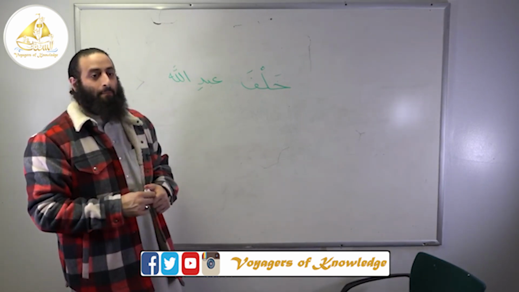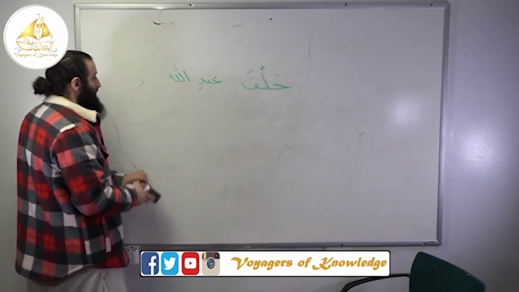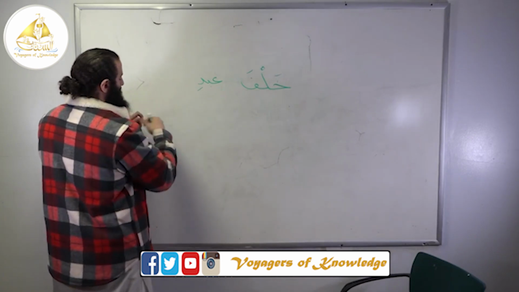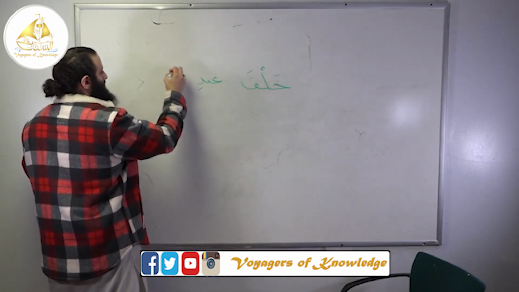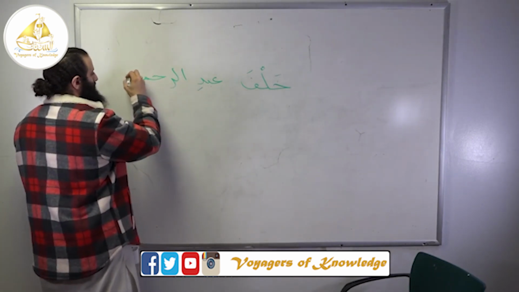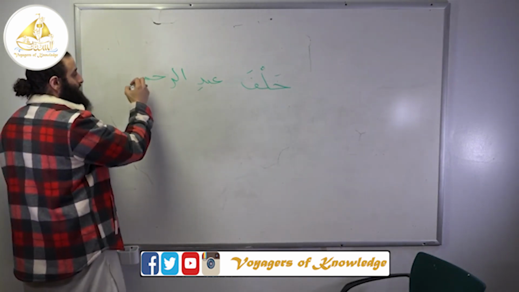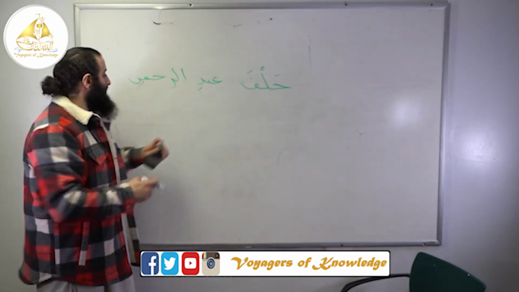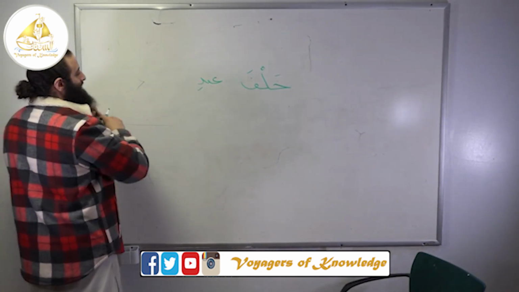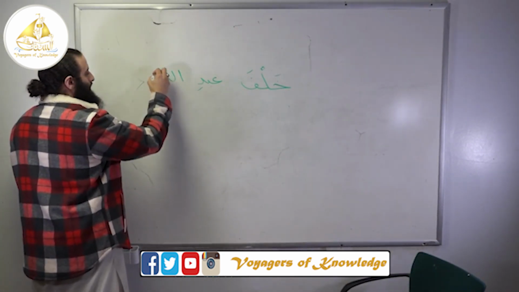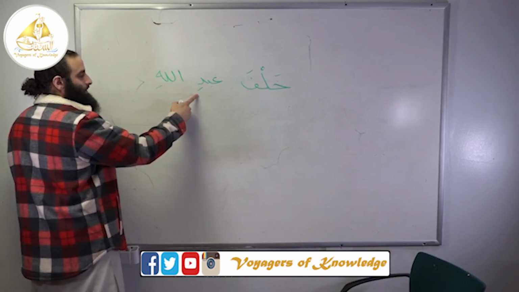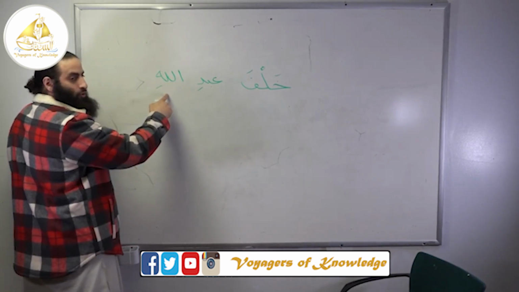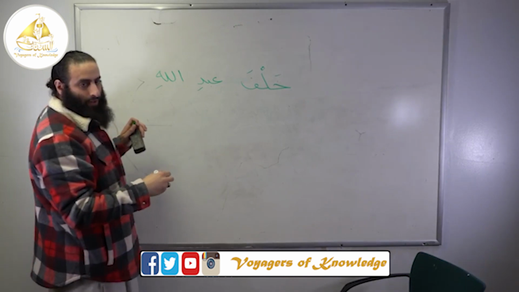Abdul Majid. So I could switch this, it's still going to be the same. Abdur Rahman. It's not going to change. This is what's being affected, and what affected the second name was that it was mudaf ilayh.